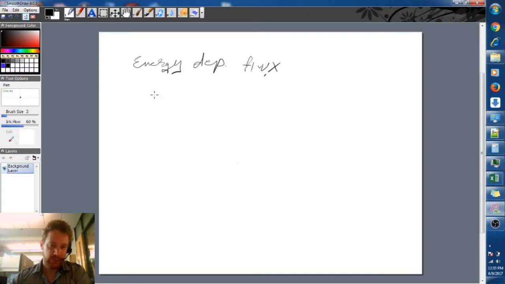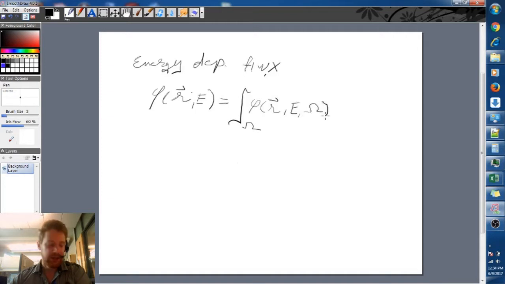The energy dependent flux, we'll write phi as a function of position and energy, and this is the integral over all angles of our angular flux, phi of r, E, omega, and I'm just omitting the t variable here, so the steady state angular flux.